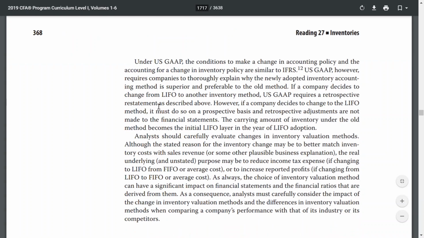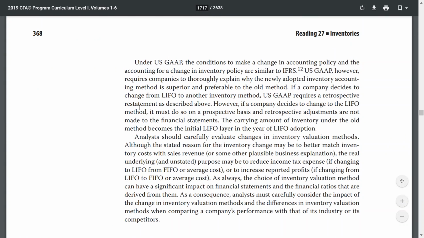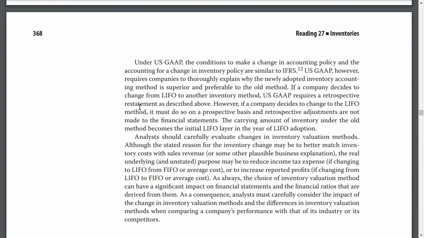Under US GAAP, the conditions to make a change in accounting policy and the accounting for the change in inventory policies are similar to IFRS. US GAAP, however, requires companies to thoroughly explain why the newly adopted inventory valuation method is superior and preferable to the old method. If a company decides to change from LIFO to another inventory method, US GAAP requires retrospective restatement as described above.